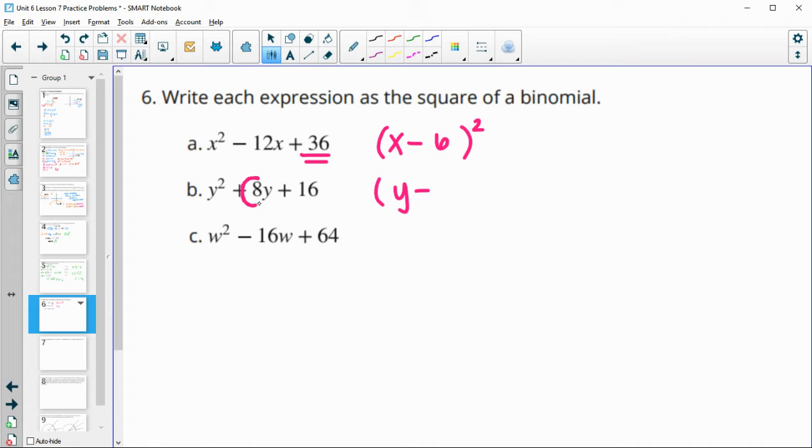Divide the middle term by 2. This is +8 divided by 2, so it's going to be a +4 here. 4 squared is 16, so that's good. Next, take -16 divided by 2, that's -8. -8 squared is +64.